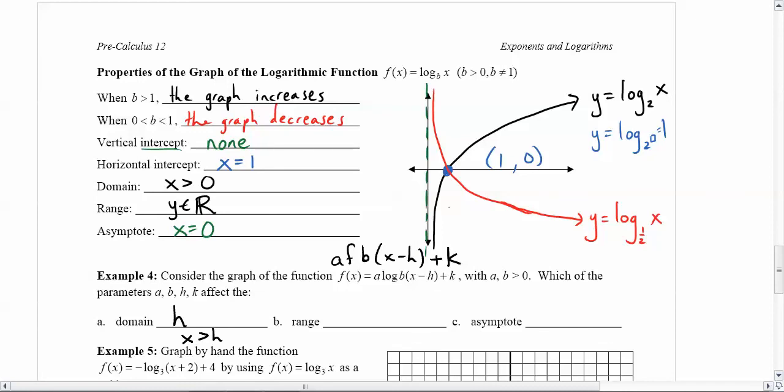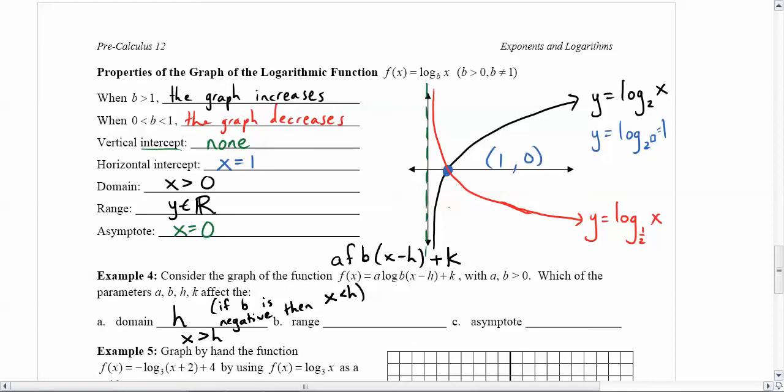That's going to flip it. So B does affect it? B can affect it, sometimes. If B is negative, then the domain is less than H instead of bigger than H, because you flip it over the y-axis.